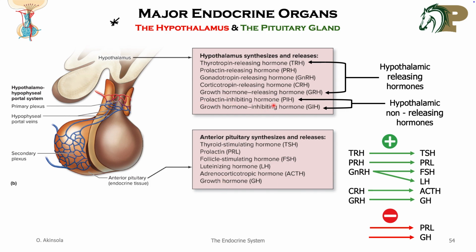Your two inhibiting hormones: prolactin inhibiting hormone, PIH, if released from the hypothalamus and travels to the pituitary, will cause prolactin to not be released from the pituitary. And if GIH, or growth hormone inhibiting hormone, is released, that will cause growth hormone to not be released.